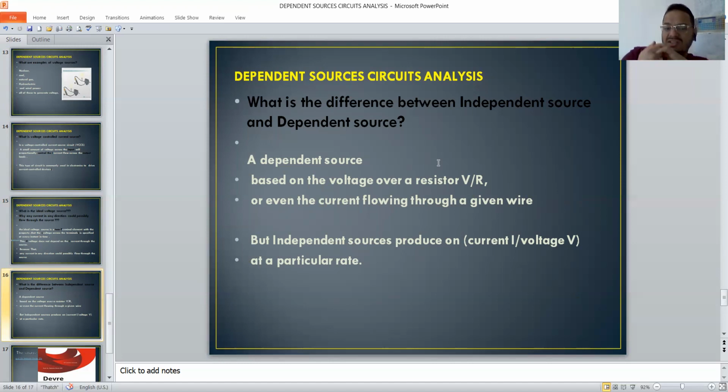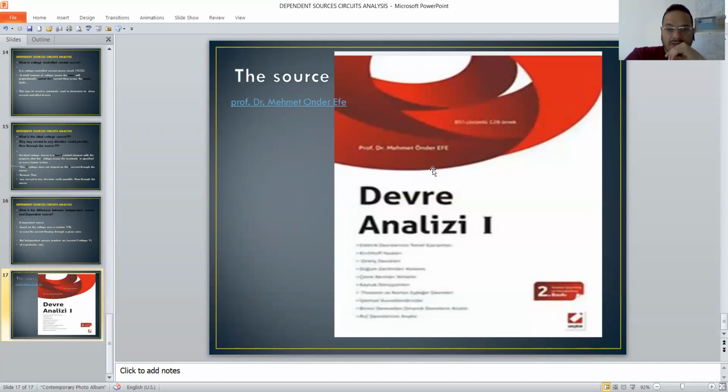But independent sources introduce current divided by voltage, not voltage divided by resistance like the dependent sources. In independent sources the situation is different, because the relation acts as current divided by voltage at a particular rate.